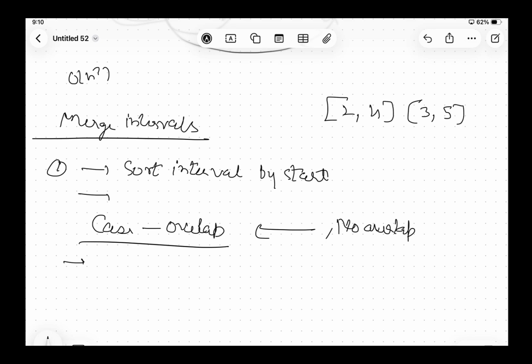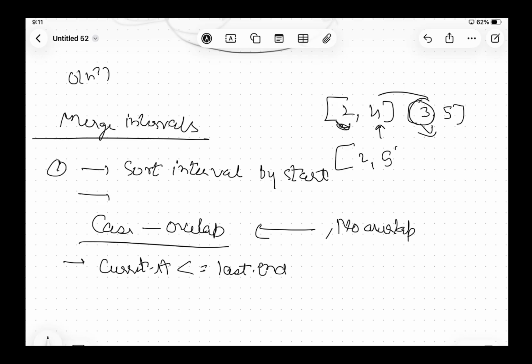We check if the current start, the one I am processing, is less than or equal to the last end, the already processed element. This is smaller in this case, so I merge them, and my interval becomes 2, 5 after merging.